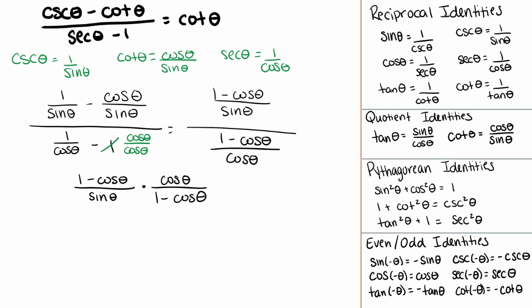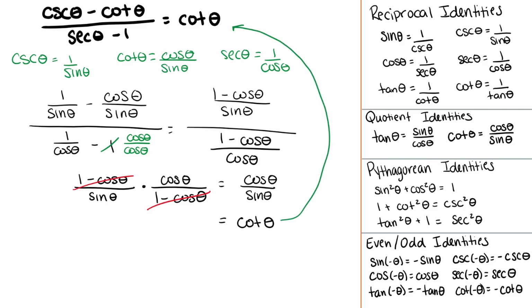So now our 1 minus cos thetas cancel, and we're left with cosine theta over sine theta, which, as we know from our quotient identities, is equal to cotangent theta, which is exactly what we're looking for, and we've verified this expression.